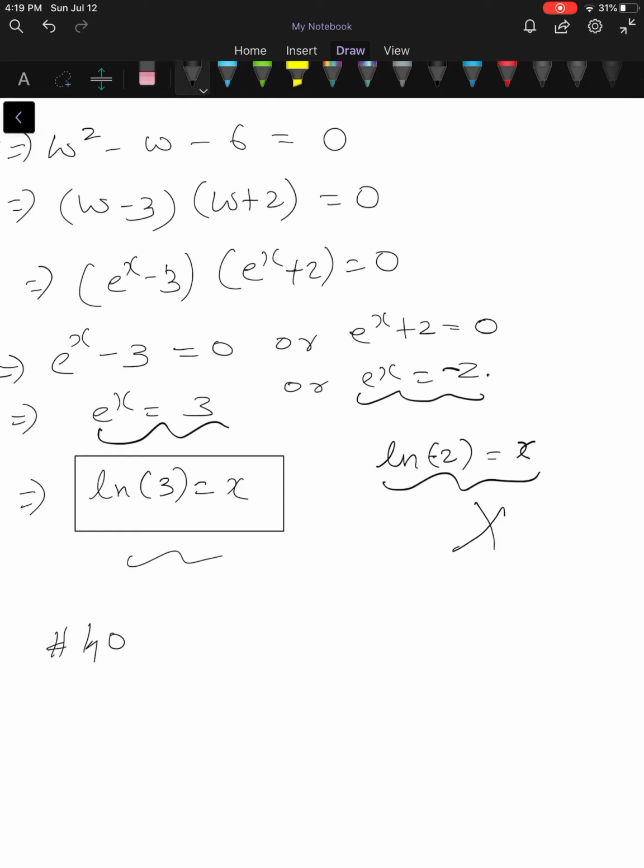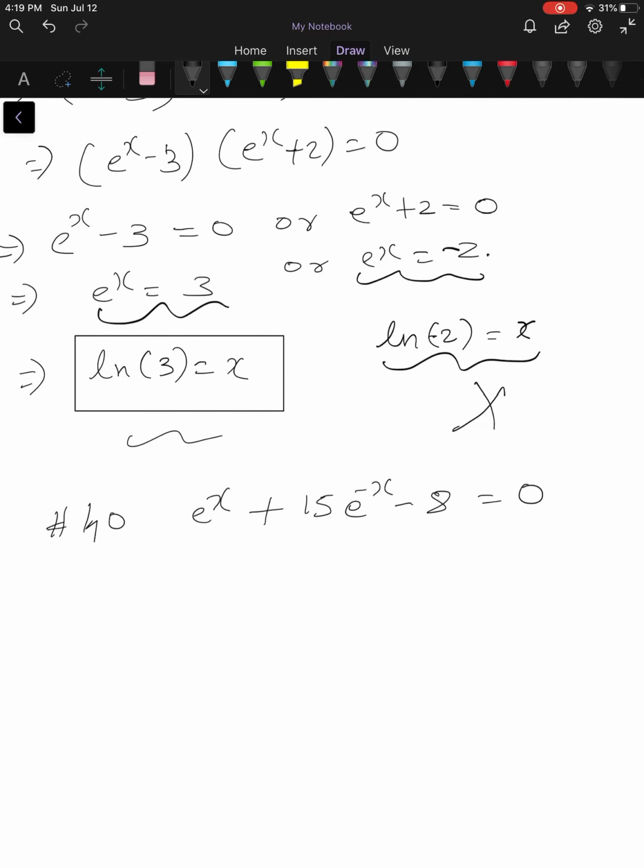Yeah, it's pretty much the same. I will do it as e to the power of x plus 15 e to the power of negative x minus 8 is equal to 0.